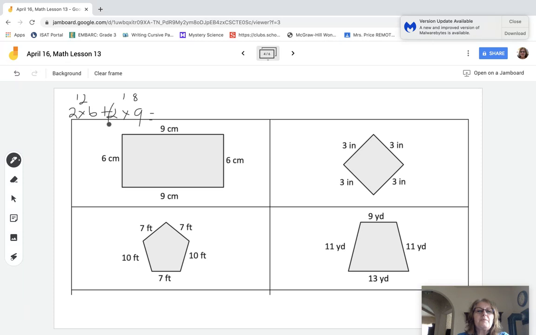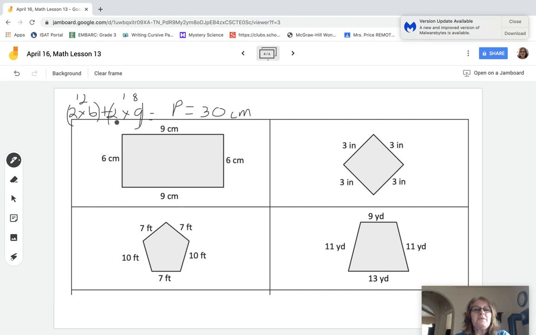We better put our parentheses in there, better make this right. Oh, it's hard to write like this. Okay. So the perimeter for this shape right here would be 30, right? 30, and if we're going to label it, 30 centimeters, right?